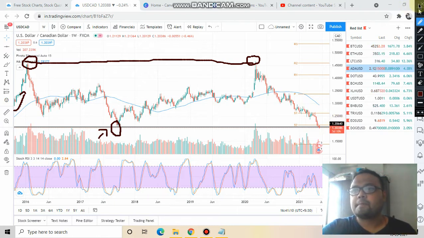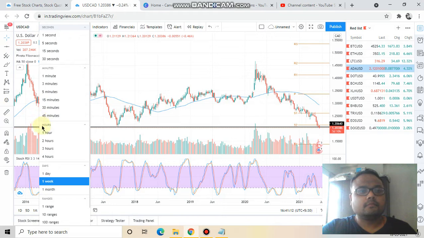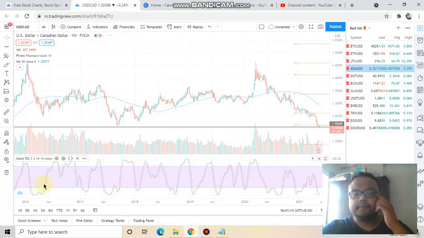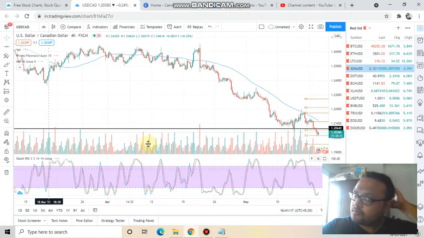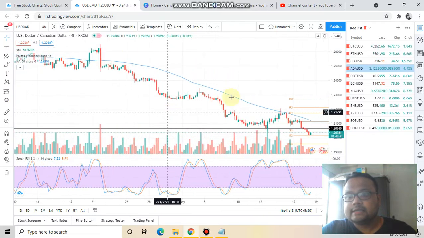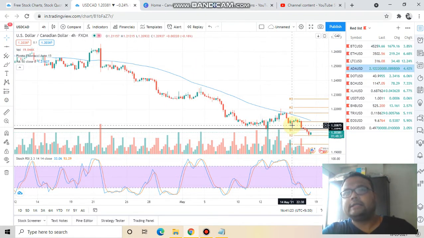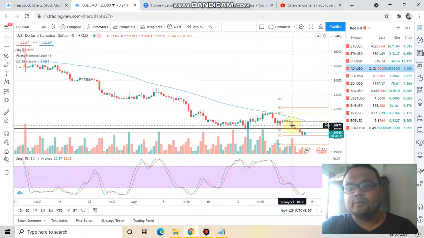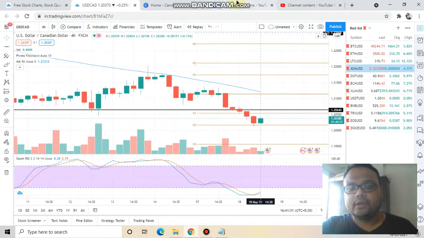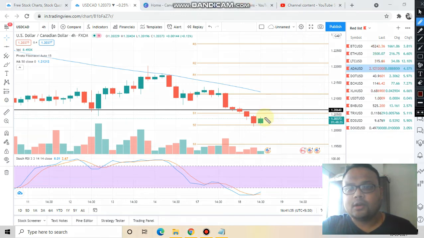If I switch to the 4 hours time frame again, we can see that market has crossed the support. Market has crossed the black line, but that does not mean that market has broke the support. Because if I zoom in, you can see that market has formed a green candle right now.